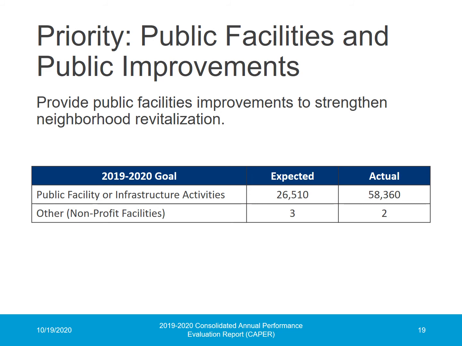Unlike other activities, this is considered an area benefit, which means that every individual who resides within the service area designated to receive a benefit from the improvement is counted in the total. The second goal is the number of nonprofit facilities which were improved using CDBG funds during the program year.